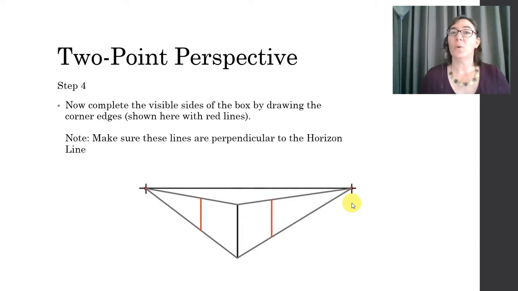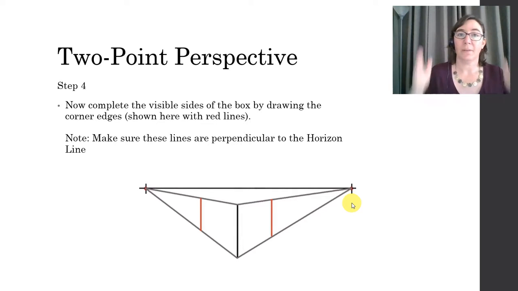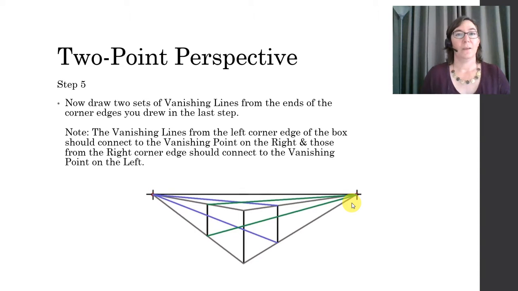Next, let's draw the corner edges of your box. They're going to be true vertical lines. From the top and bottom of each of those corner edges you just drew, you're going to connect those to the vanishing points using perspective lines.